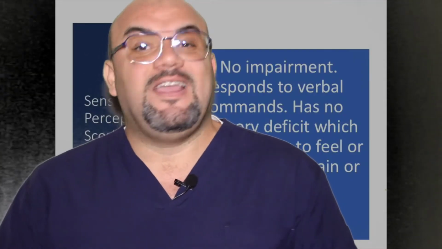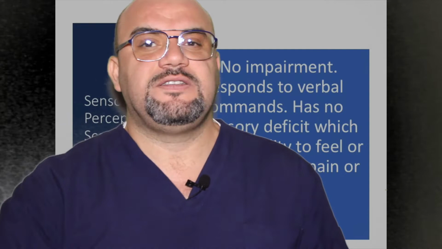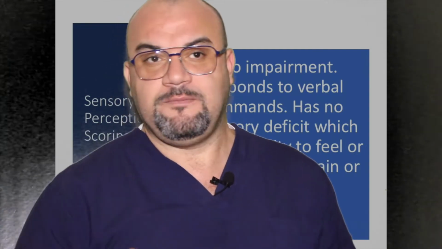What's the meaning of the best condition, no impairment? No impairment means the patient responds to your verbal commands. Speak with your patient and look for his or her response. If he has no sensory defects, the patient is able to feel and communicate the pain and the discomfort.